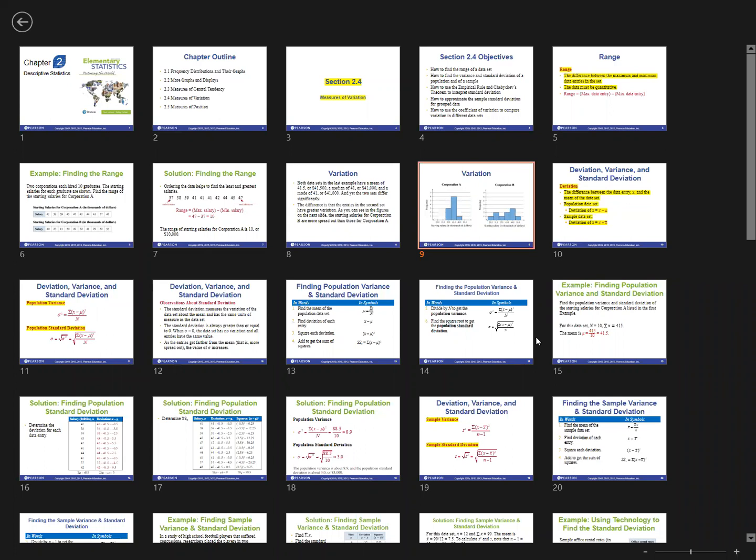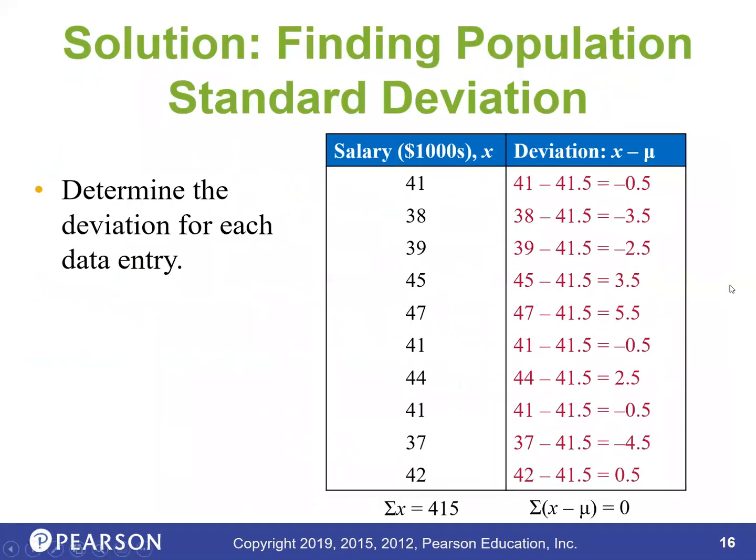So let's go with corporation A. Let's do it together. Oh, not so fun. How many? 1, 2, 3, 4, 5, 6, 7, 8, 10 entry points. This is in terms of thousands of dollars. Is that right? This is corporation A. I think it's corporation A.